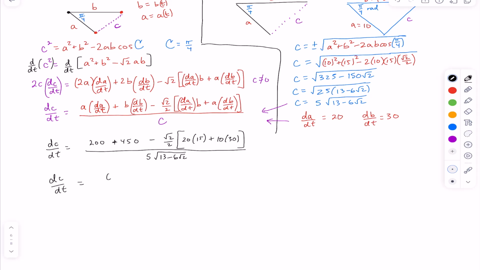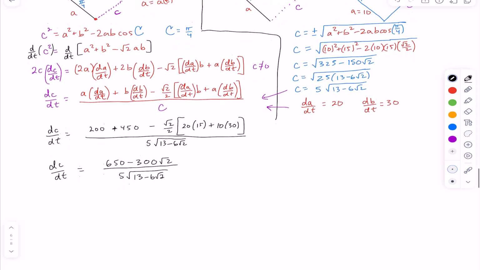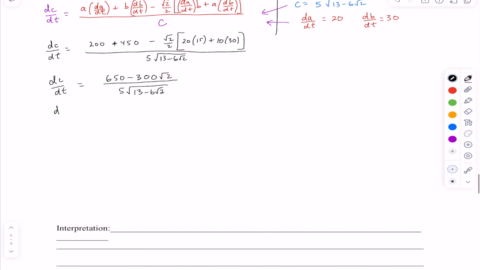Simplifying this, we get this expression in the numerator. We can certainly reduce this by 5, and we get 130 minus 60 over this denominator.